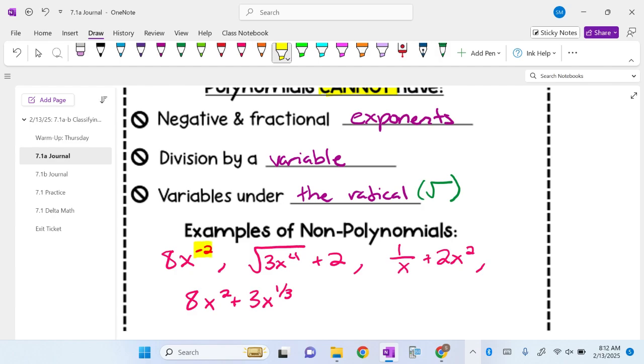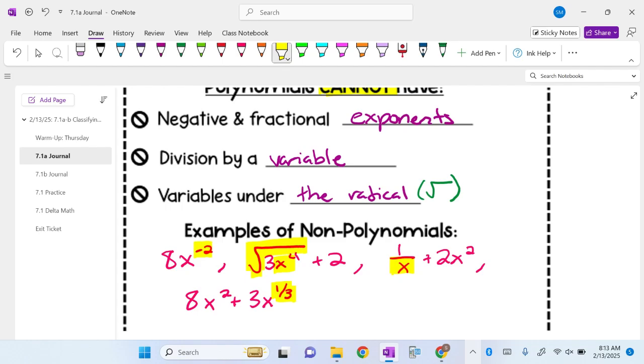The second one is not a polynomial because we have a variable falling underneath the radical. The third one is not a polynomial because there is a variable in the denominator. And then the last one isn't a polynomial because it has a fraction in the exponent. So if you see any of those things, it's already considered not a polynomial.